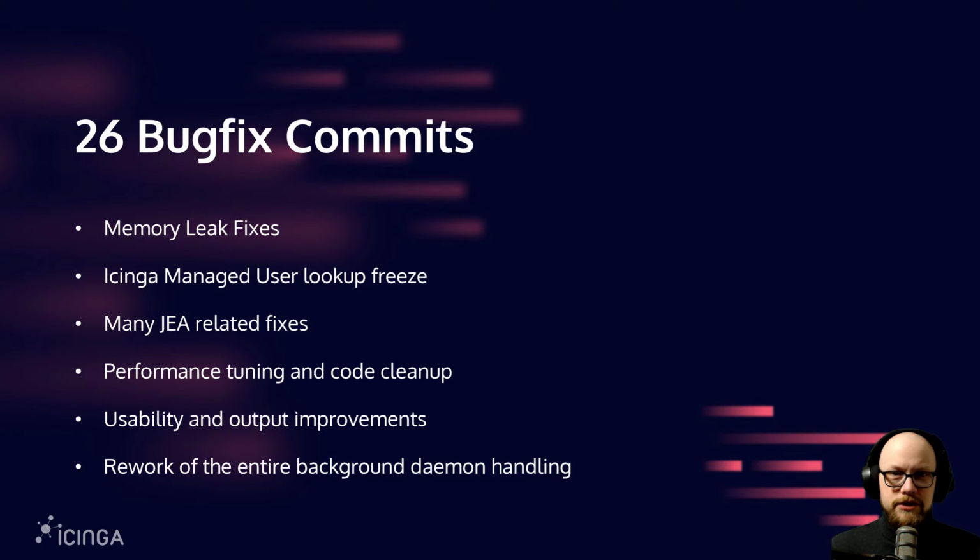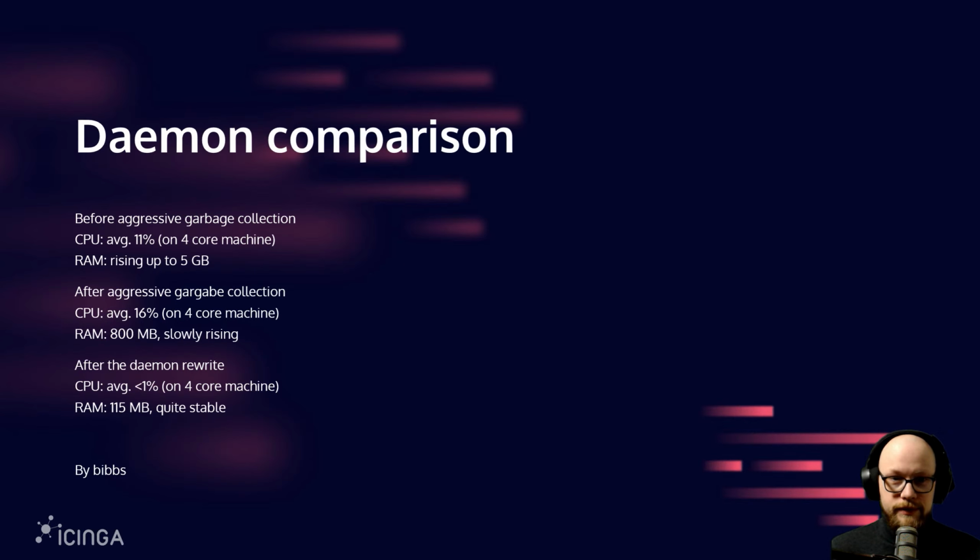We did some performance tuning, code cleanup, so we got rid of old stuff that was no longer required, and also improved the usability in general and the outputs of certain entries and menus, to give a better overview of what actually happened. And in addition, we reworked the entire background daemon itself. That's why the memory leak was also fixed, because we did an entire rework and made it a lot easier for new developers, for example, to integrate there.